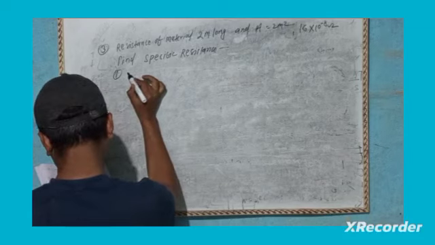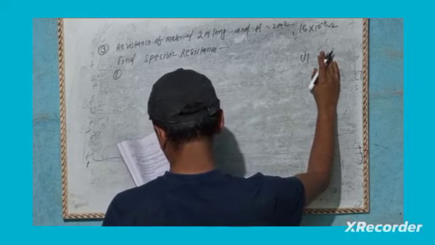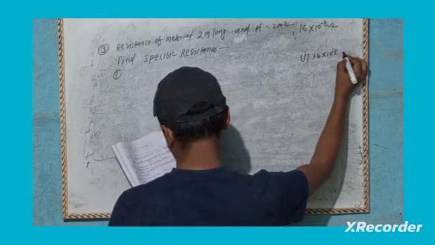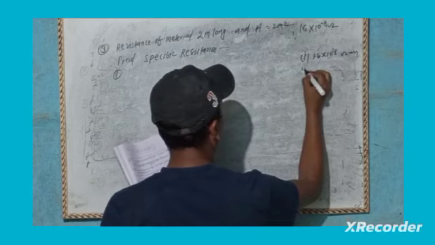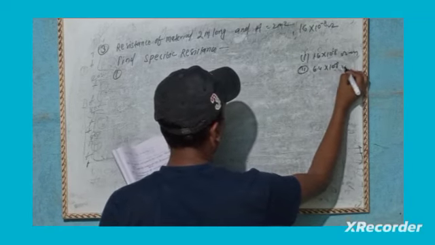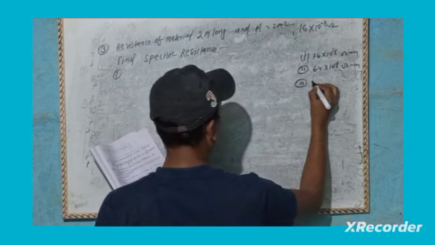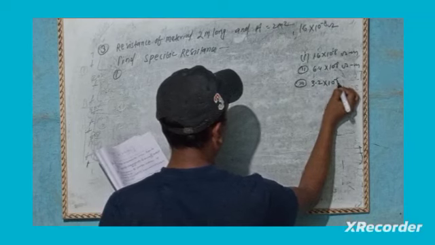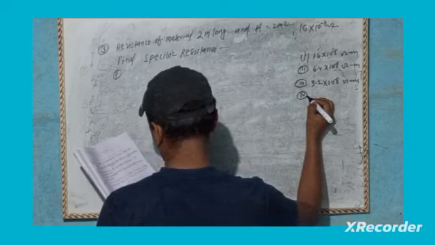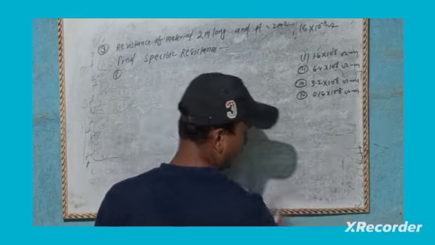Option A: 1.6 times 10 to power minus 8 ohm meter; second: 6.4 times 10 to power minus 8 ohm meter; third: 3.2 times 10 to power minus 8 ohm meter; and fourth: ohm meter.